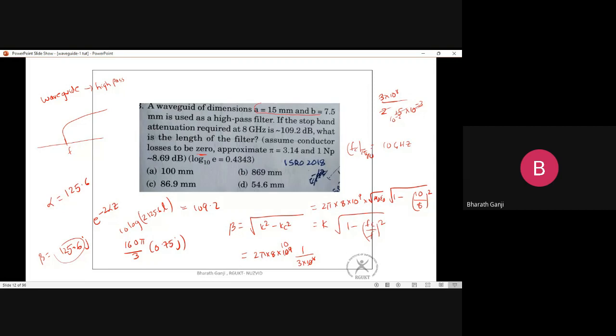Sir, the attenuation is in dB. We need to convert dB into nepers, I have converted it. We already got alpha as an answer. Maybe they are asking for alpha itself.